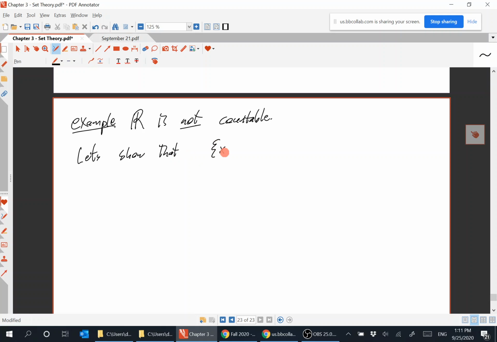The set of all x such that 0 < x < 1 is not countable, which is a subset of R, and therefore R cannot be countable.